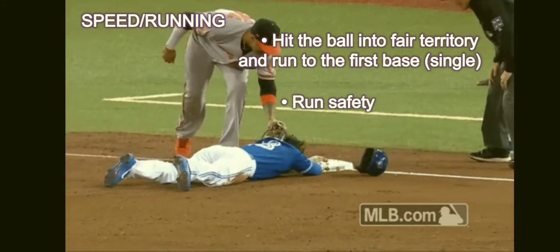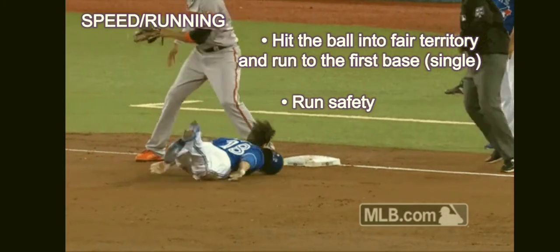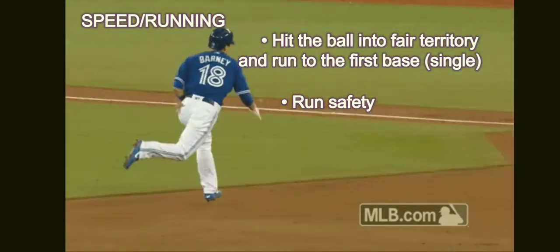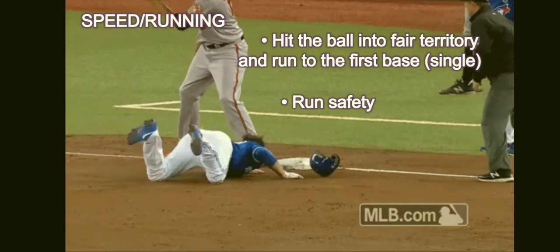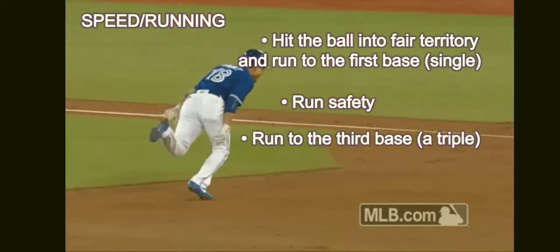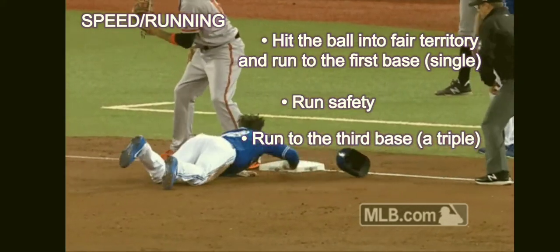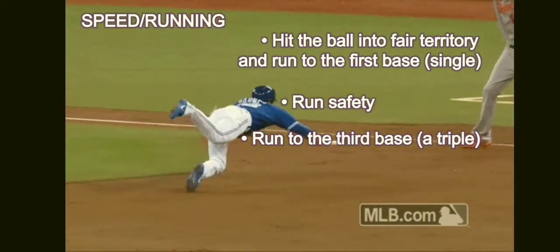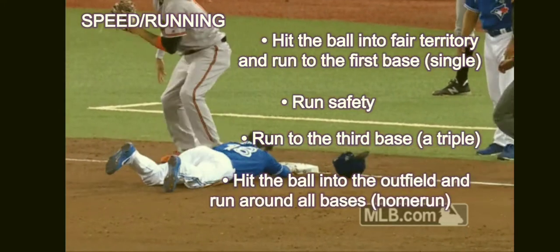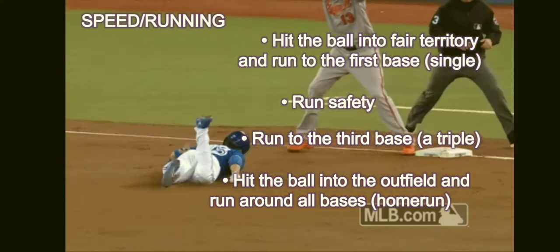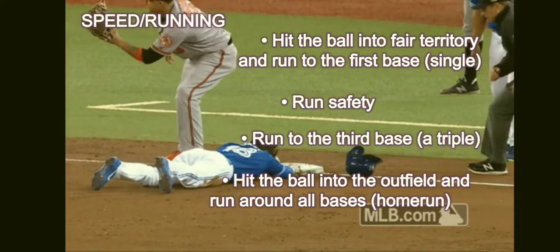Next, to run safely to second base, a double. To run to third base, a triple. And to hit the ball into the outfield and run around all bases is a home run.